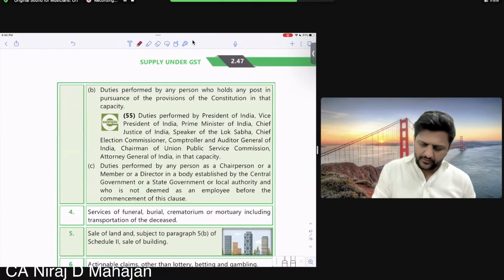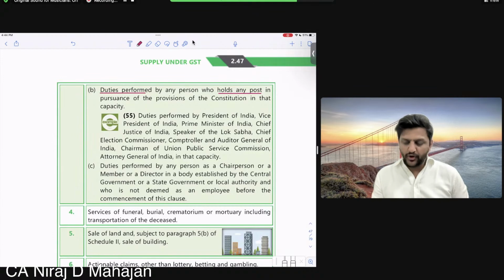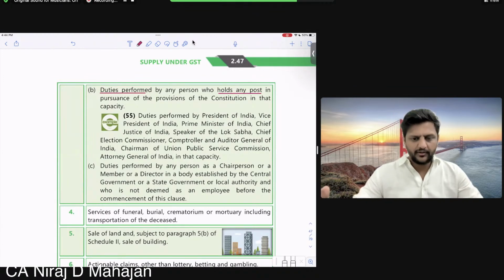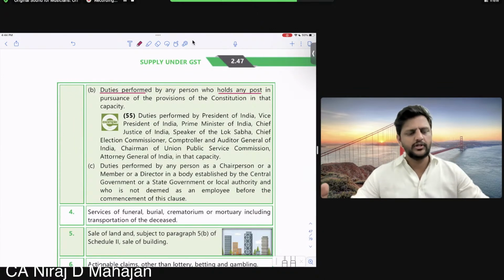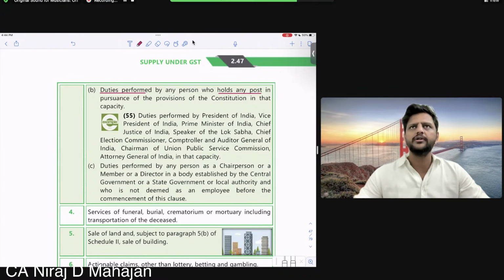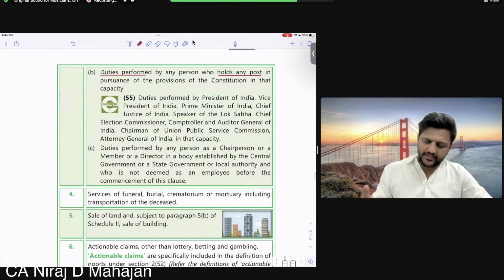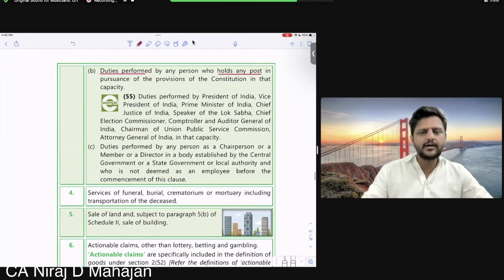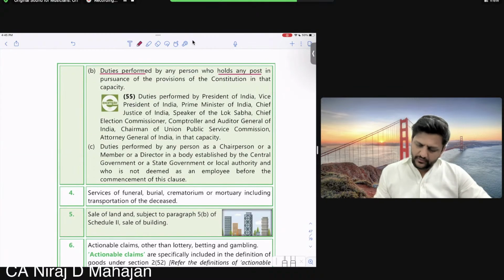Duties performed by any person who holds any post in pursuance of the provisions of the constitution in that capacity. That means you are getting a position because of the constitution, so work done in that position is not a supply. So duties performed by the president, vice president, are not to be considered as supply at all.